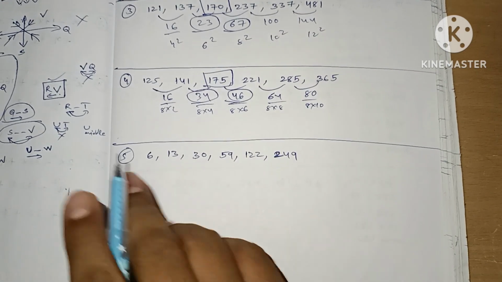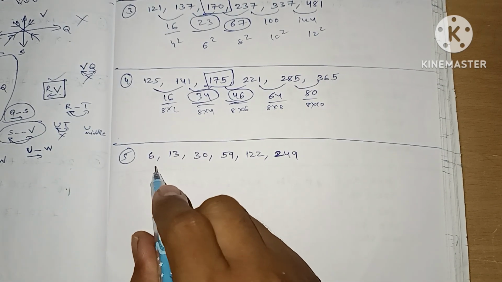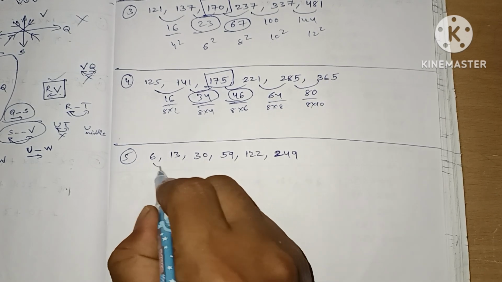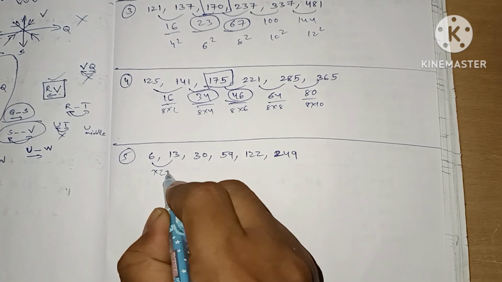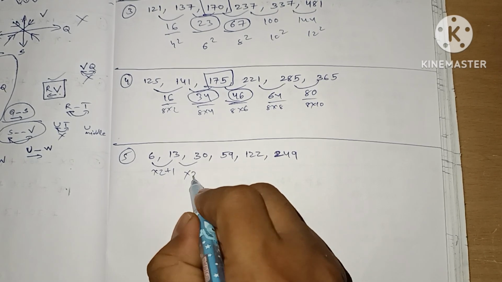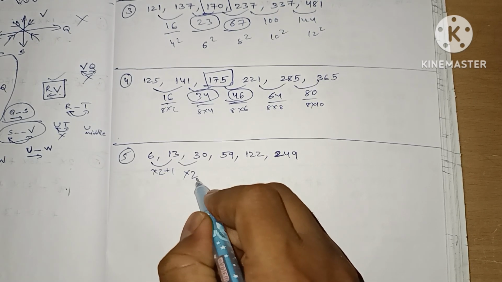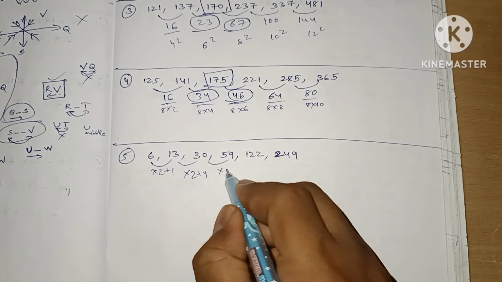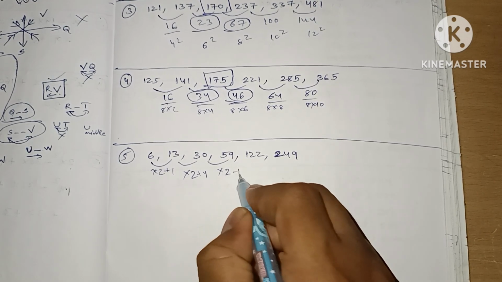Okay, let's see fifth question. Here these numbers look like doubles. 6 2 times 12 plus 1. This seems double. 13 2 times is 26. 26 plus 4. This looks like into 2 times minus 1.